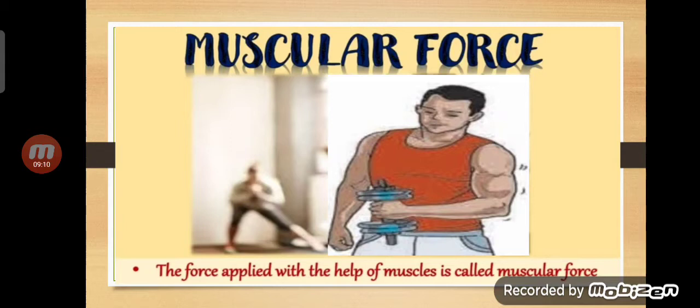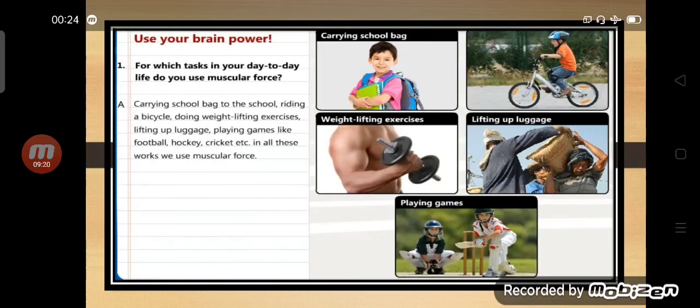The force applied with the help of muscles is called muscular force. Now use your brain power, children. First question: for which task in your day-to-day life do you use muscular force?